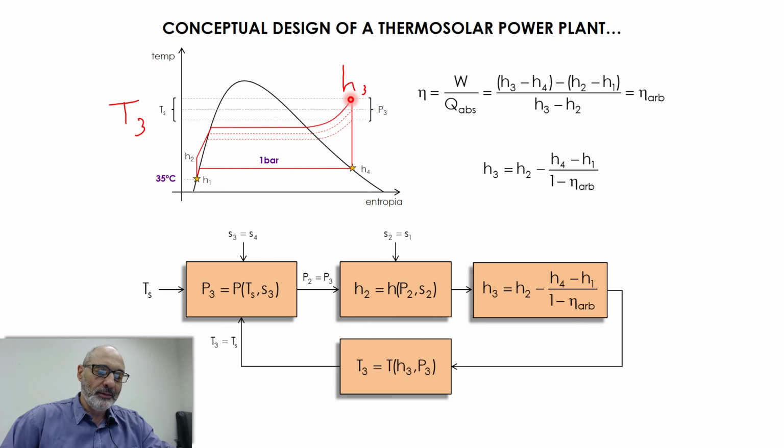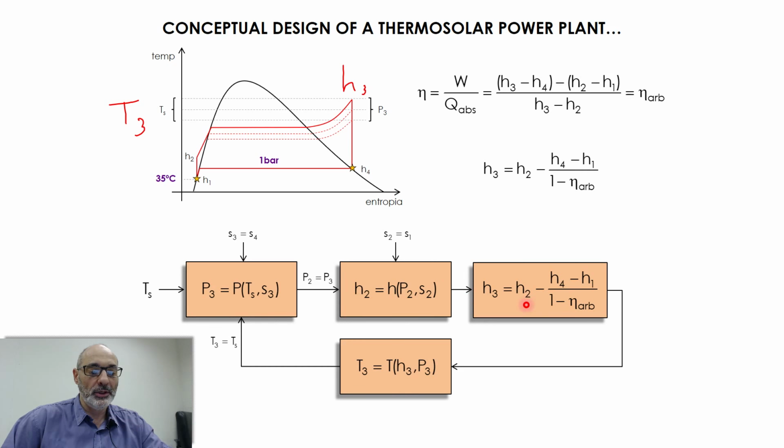By knowing P3, and knowing that it's equal to P2 because this absorption is at constant pressure, so P2 equals P3, and I know that S2 is equal to S1. So I know the entropy at point 2. Again, I have two coordinates, pressure and entropy, so I'm able to calculate H2.